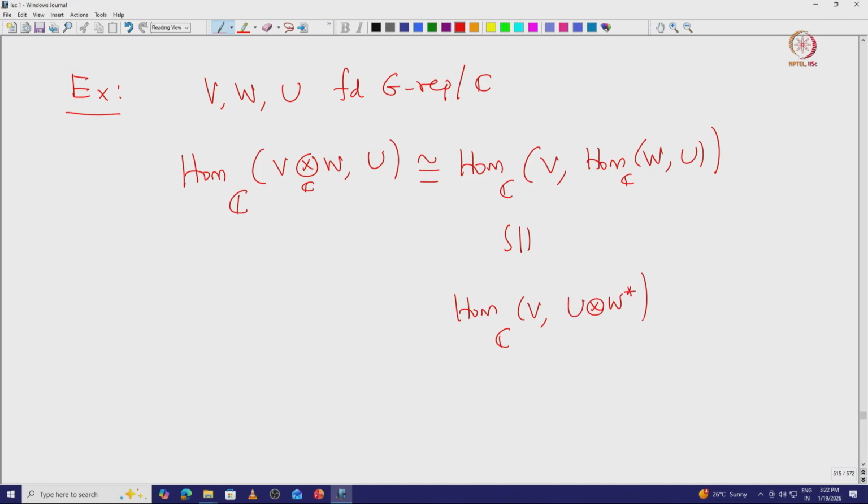So, basically what we are saying is that this tensor W can be shifted to a tensor W star, and that is possible, and that does not make the isomorphism different. Whatever objects we are getting, they are all isomorphic, and these are all isomorphisms as G representations.